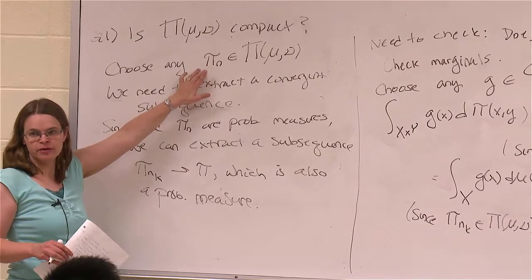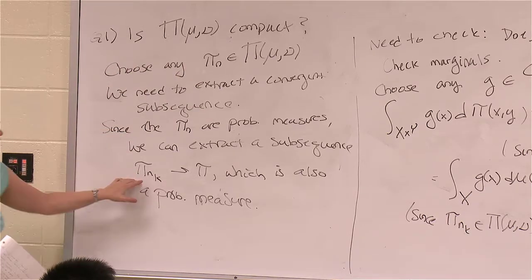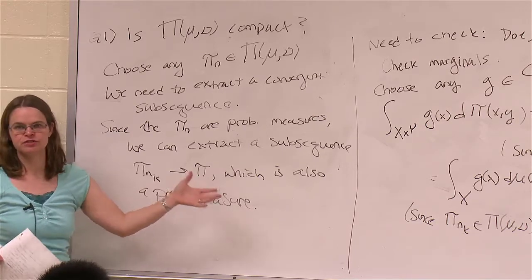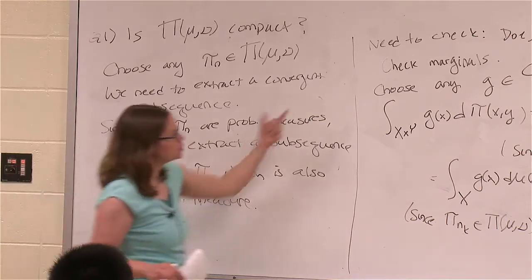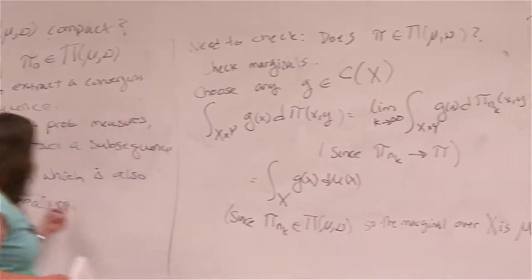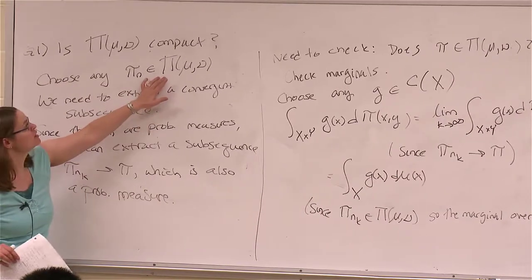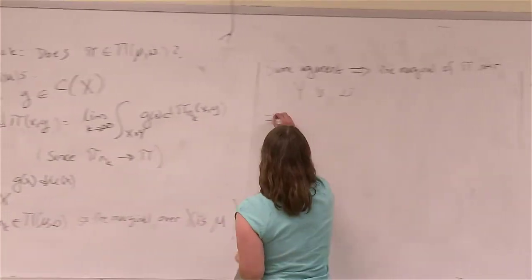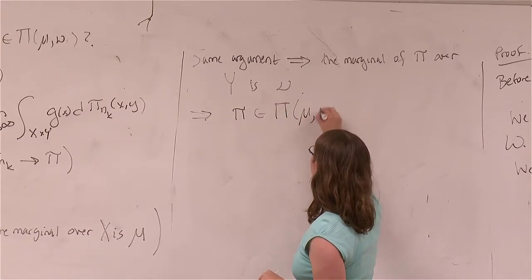So what did we do? We started with a sequence that lives in the set we care about. We found that there's a subsequence that converges to some other probability measure, which is good. We have convergence using the notion of convergence that we're talking about. And we did a little more checking and said, moreover, this limiting measure has the correct marginals. That's all we needed to show that the limiting measure belongs to the set we started in.